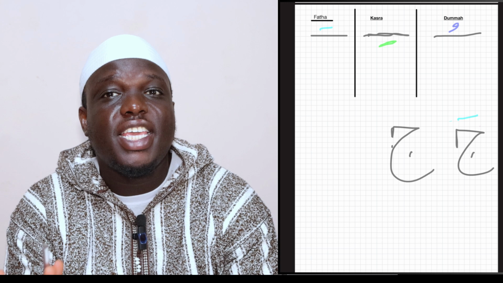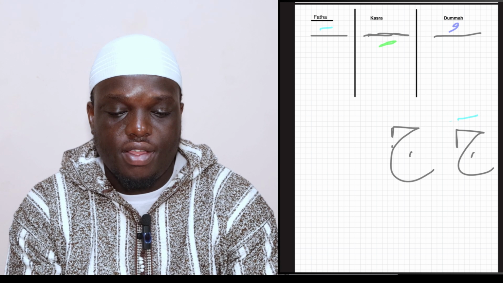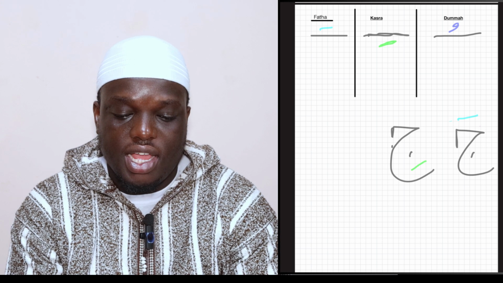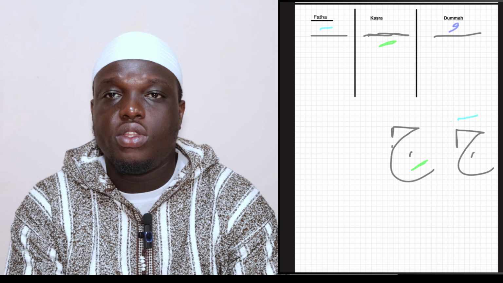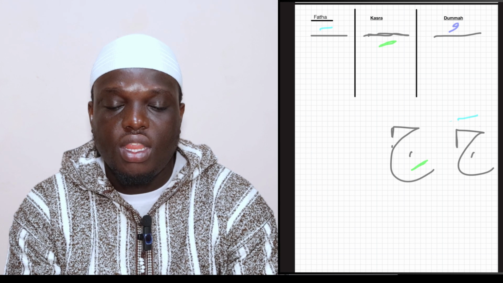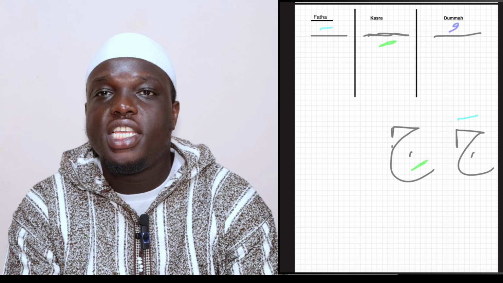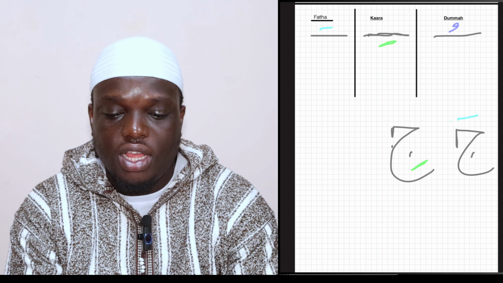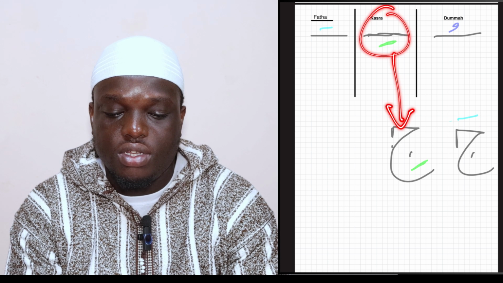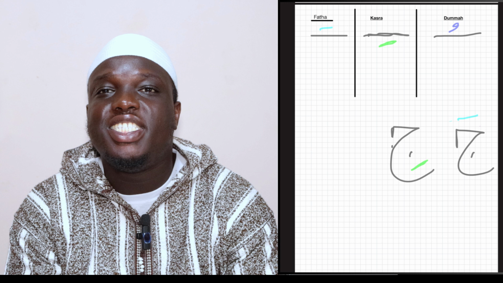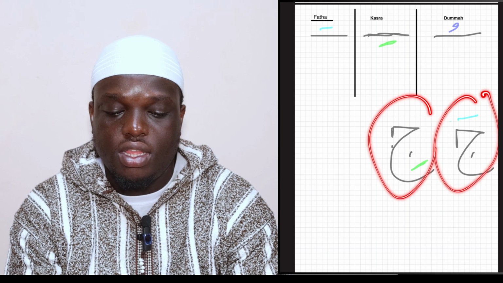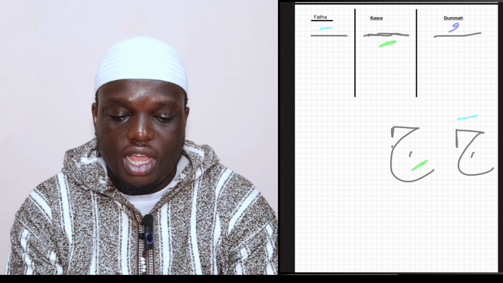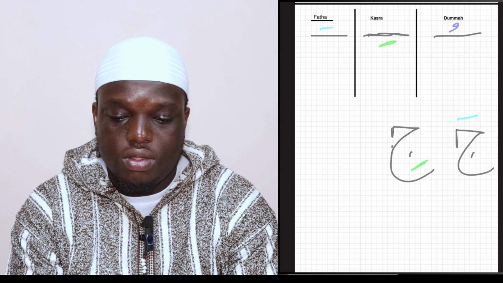E. If I apply the kasra, it goes below the letter, and it becomes Ji. Not Jim, but Ji, because the kasra has an E sound. So it becomes Ja, Ji.